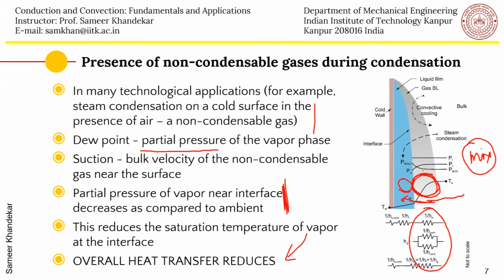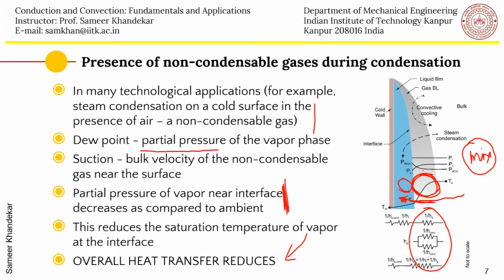Because of the change in the partial pressure close to the interface, you also get an added resistance for diffusion of this vapor towards the interface, and the overall heat transfer will always reduce.